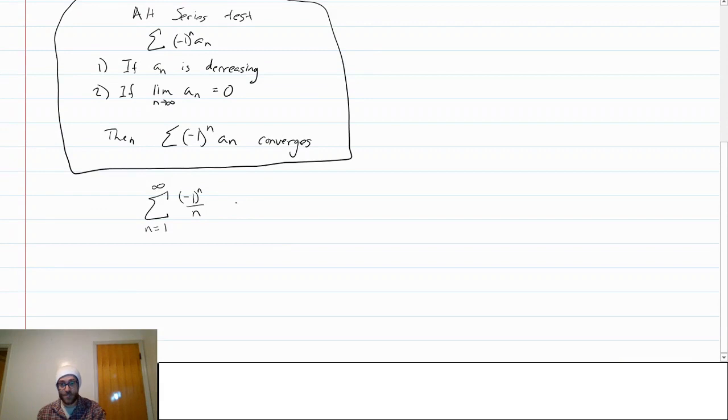So let's first parse it, and we get the sum as n goes from 1 to infinity of -1 to the n times 1 over n. And this 1 over n is our a sub n. And this -1 to the n is our alternator. So we just have to check, is 1 over n decreasing?